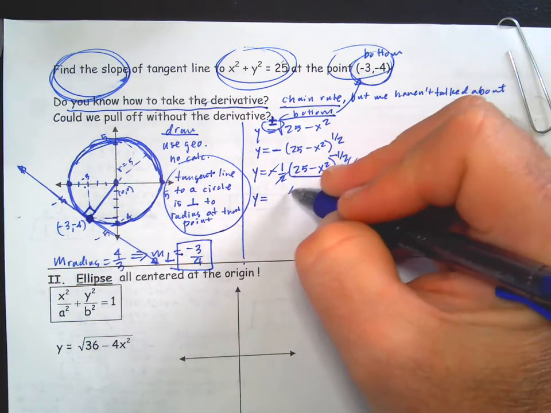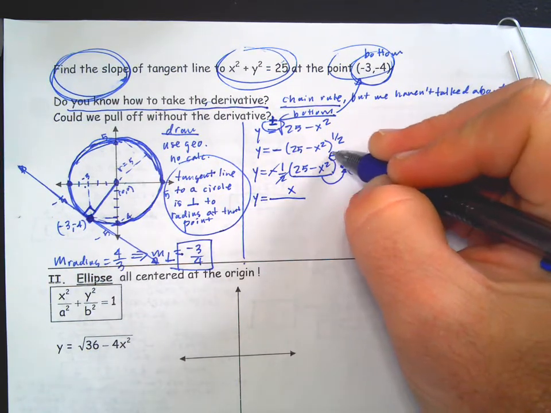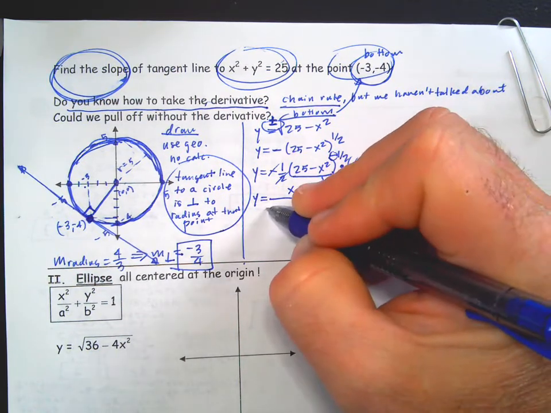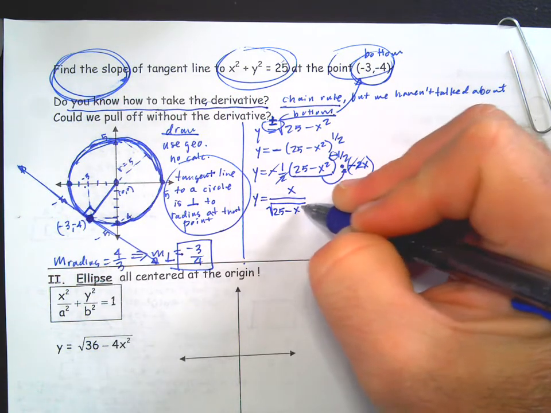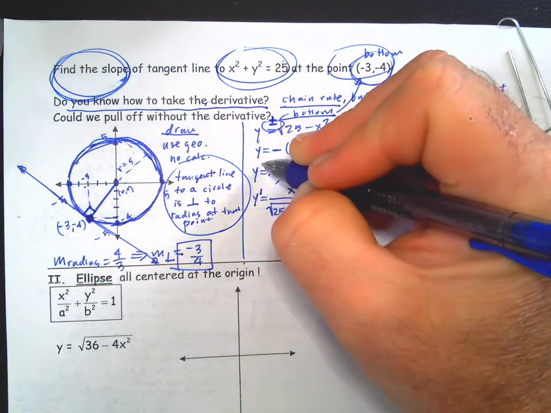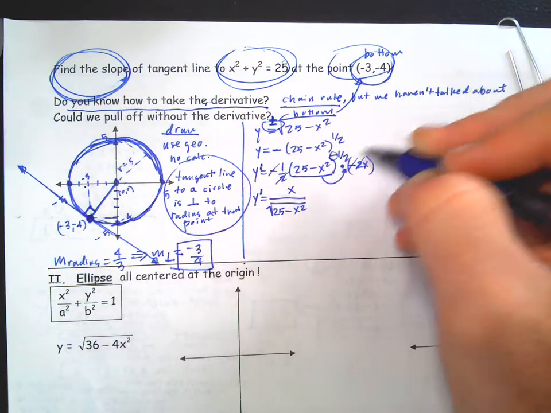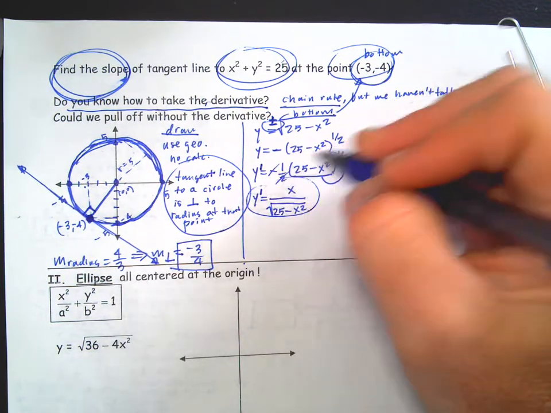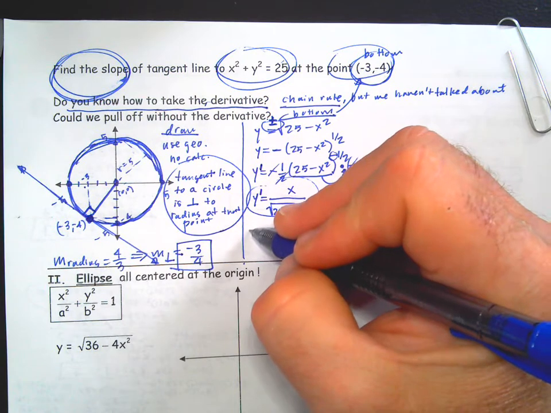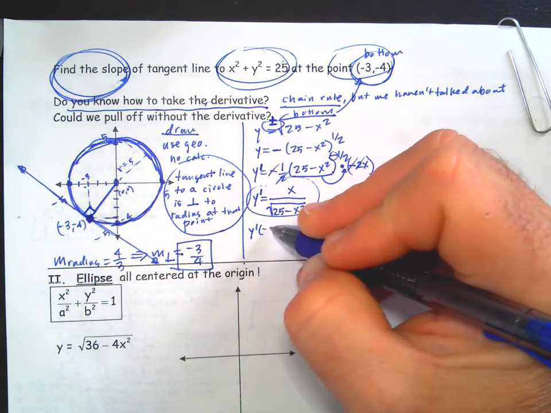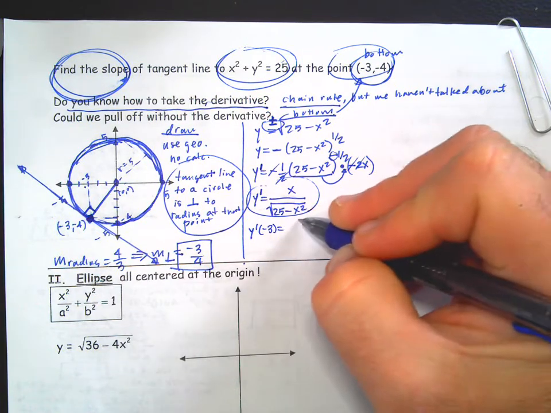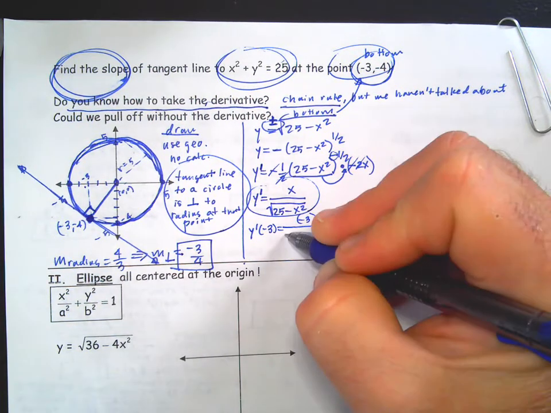So the x is on top. A negative exponent means it's in the bottom. And a 1/2 is square root. So this is the square root of 25 minus x squared in the bottom. So this is your derivative, okay? And then we could go ahead and plug x equals -3 into it, wherever we see x's.